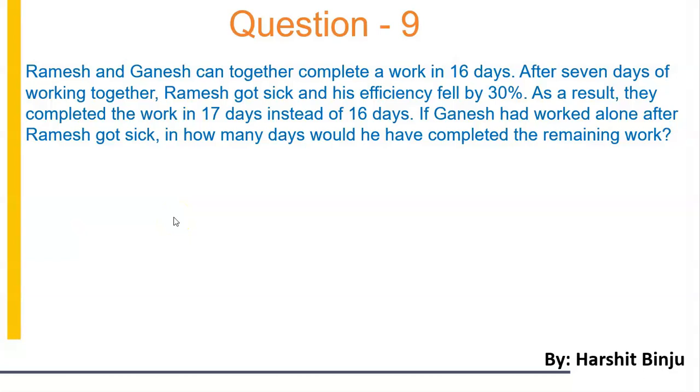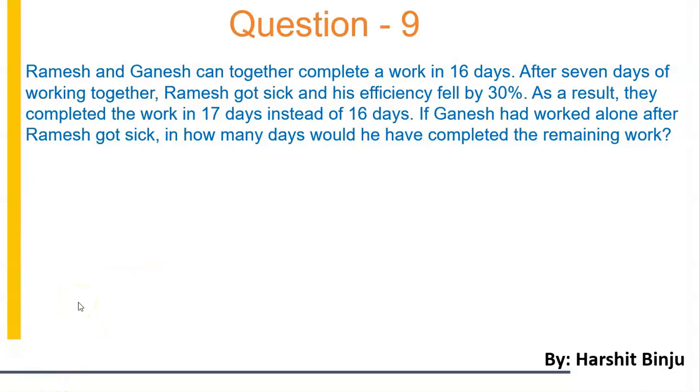So Ramesh and Ganesh can together complete a work in 16 days. After 7 days of working together, Ramesh got sick and his efficiency fell by 30%. As a result, they completed the work in 17 days instead of 16 days. If Ganesh had worked alone after Ramesh got sick, in how many days would he have completed the remaining work?